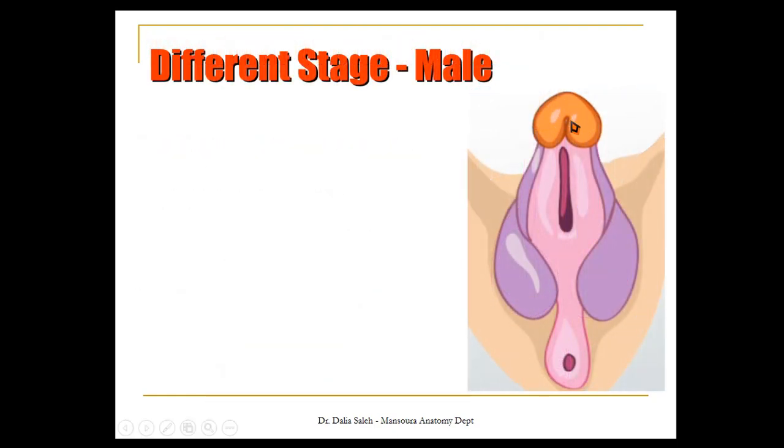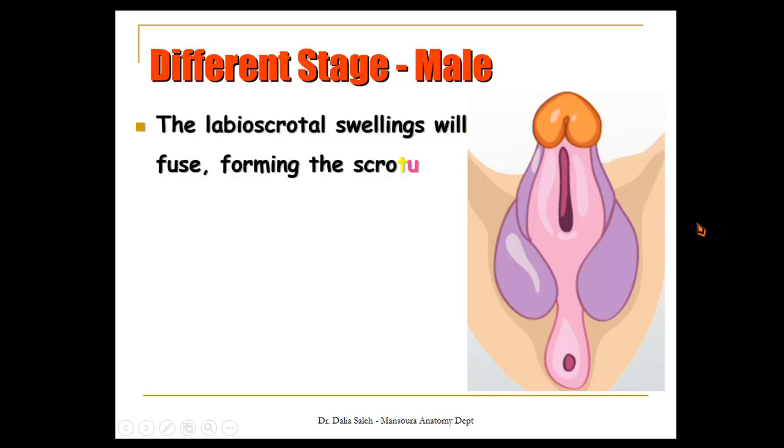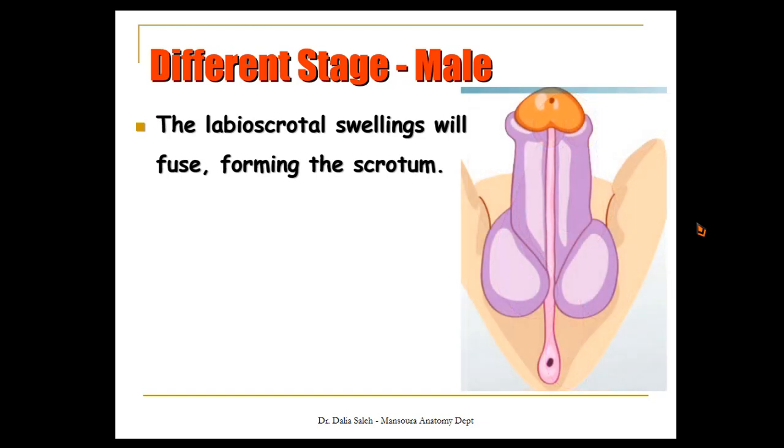This is the genital tubercle that will grow and form the penis, and these are the urethral folds that will fuse together and form the penile urethra, and lateral to them lies the genital swelling or labioscrotal swelling. The labioscrotal swellings will fuse together and form the scrotum.